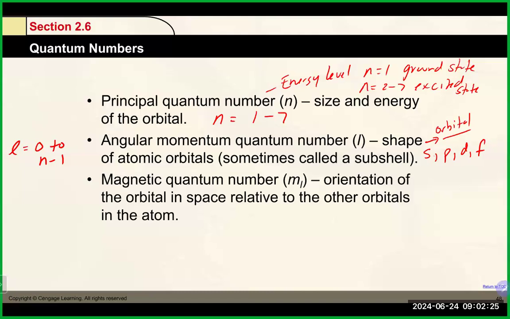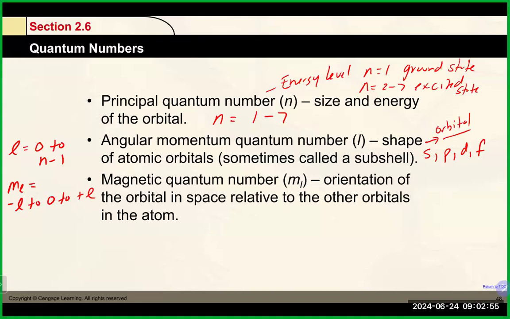The magnetic quantum number, which is m sub L, is the orientation in 3-dimensional space. As we saw in some of those animations, one orbital is on the x-axis, one's on the y, one's on the z, and they're oriented in different ways in 3-dimensional space. m sub L can have a value from minus L through 0 to positive L, and these are all whole numbers.